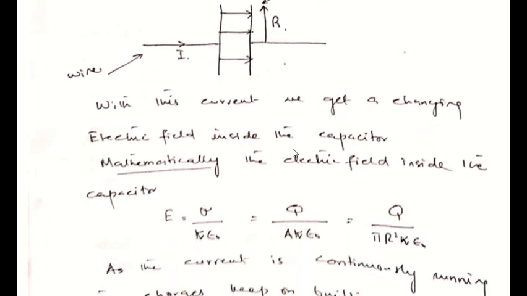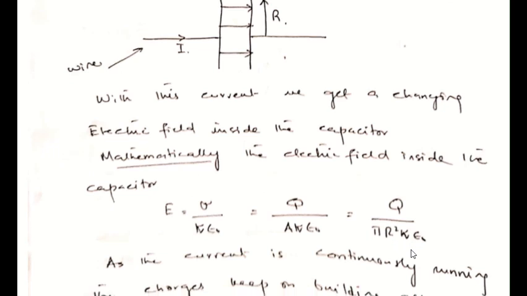Mathematically, the electric field inside the capacitor is given as E equals sigma over kappa epsilon naught. Kappa is the dielectric constant, and sigma is charge per unit area, that is Q over A, over kappa epsilon naught. As this is a circular capacitor, we can write the area as pi r squared, so E is Q over pi r squared kappa epsilon naught.